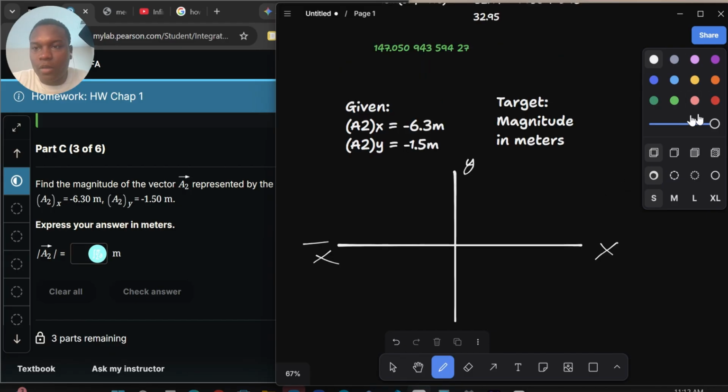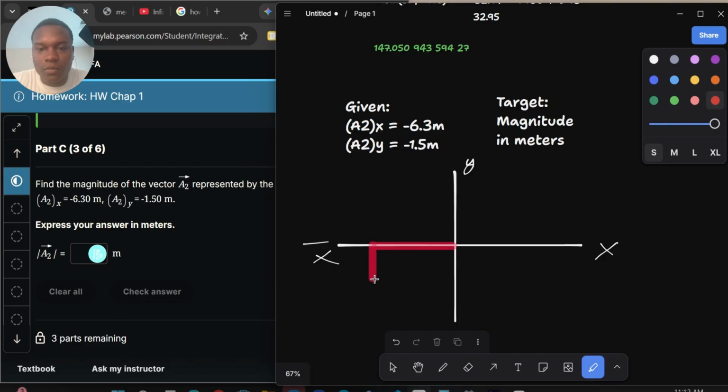We're going to go negative 6.3. And then we're going to go negative, the y component, negative 1.5. So our vector would look something like this.